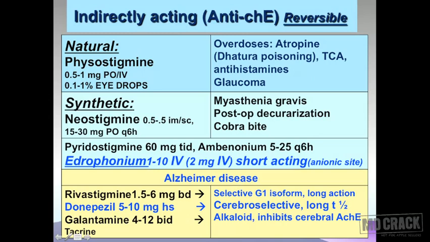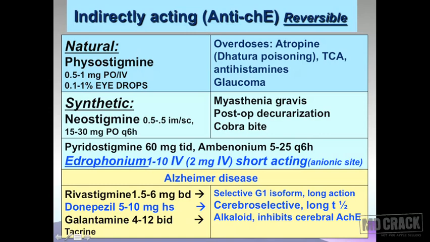This slide at the end describes Alzheimer's disease. The proposition is that an increase in the amount of acetylcholine could help the patients with Alzheimer's disease, so we have anti-cholinesterase agents which could be used for its management. You have the first one, rivastigmine, which is selective for the G1 isoform of the cholinesterase enzyme and it's got a long action.